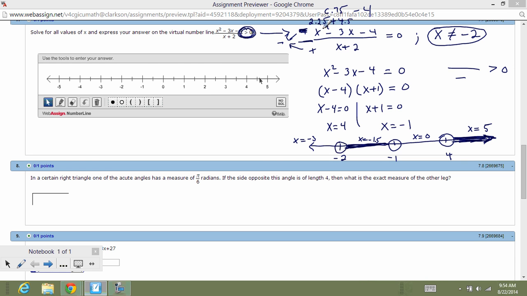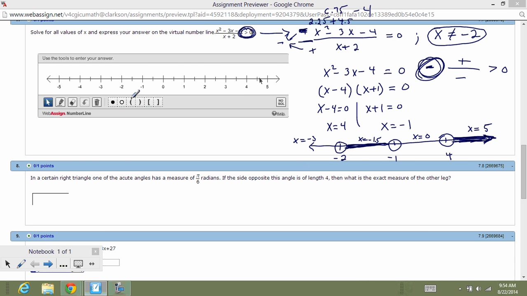And when you look at your numerator, you're going to have negative 3 squared, which is going to be 9, and minus 3 times minus 3, which is also going to be 9. 9 and 9 will be 18, and 18 minus 4 will still be positive. It'll be a 14, but it'll be a positive. Now, what is the quotient of a positive and a negative? Well, that's negative. Is a negative number greater than 0? No. Numbers less than negative 2 will not work.